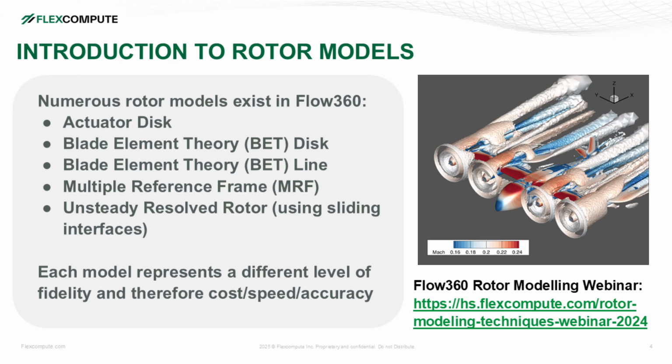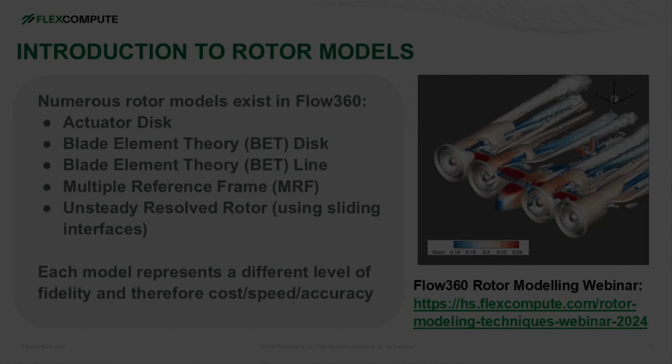After that comes the multiple reference frame model, also known as MRF. The highest fidelity option is fully resolved, unsteady blade simulation using sliding interfaces. Each model represents a different balance of accuracy, cost, and runtime. Higher fidelity models capture more physics but require finer meshes and more compute.